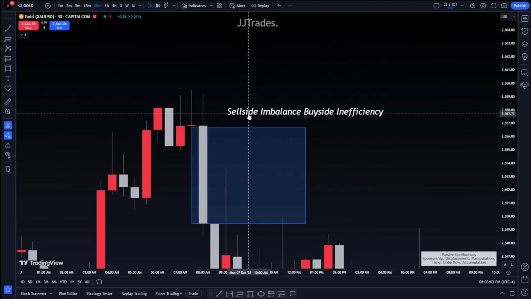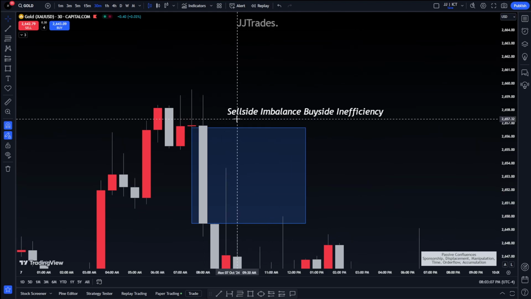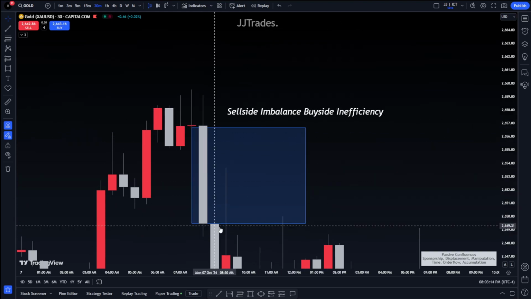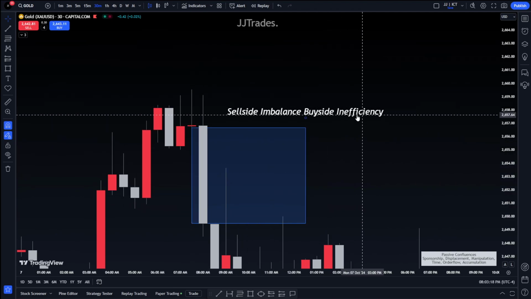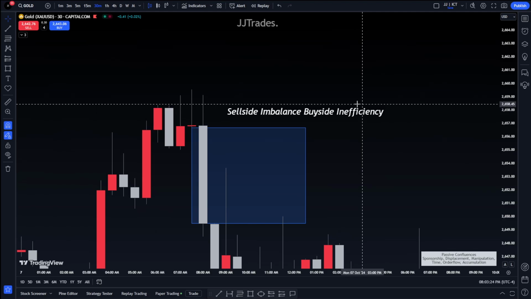That's why it's saying sell side imbalance, telling you there's so much sell side that buy side was never offered. There was no buy side offered here whatsoever. None. Within this range, there was no buy side offered. Just strictly sell side. So that means there was way too much sell side for buy side to even offer.